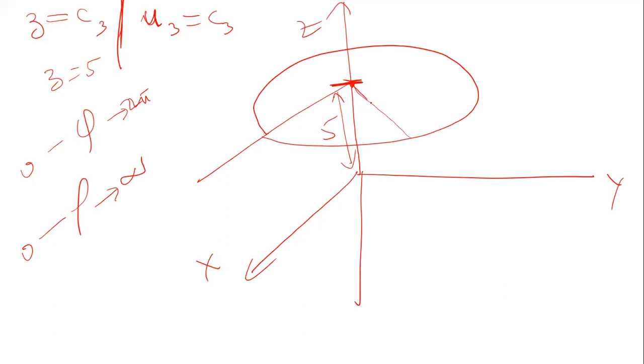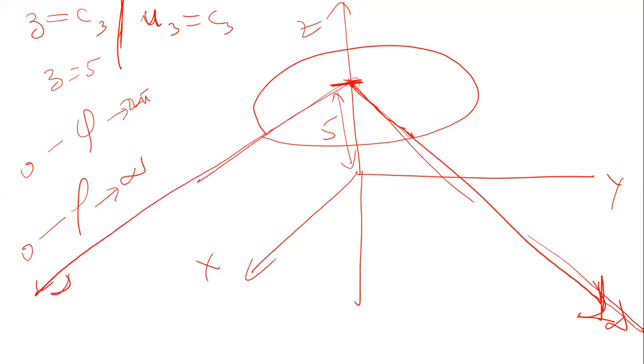Now if you draw a line along this up to infinity, this infinitely long line, rho equal to 0 to infinity, and if you rotate this infinitely long line around from 0 to 2 pi, what you're going to get is an infinite plane, a perfectly flat plane. This is the z equal to c3 surface.